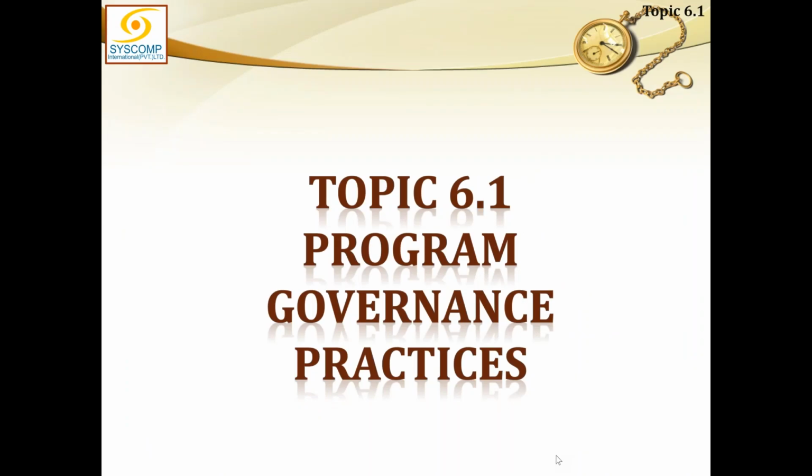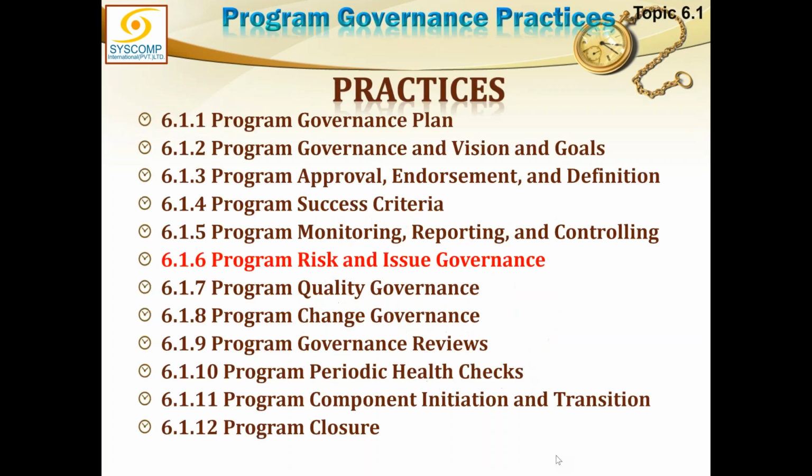Okay, we left off our last lecture at this point. We were talking about program governance practices, and we had covered a couple of governance practices already. We were at 6.1.6. We had talked about the program governance plan, the program governance vision and goal, the program approval, endorsement, and definition, program success criteria, and program monitoring, reporting, and controlling.